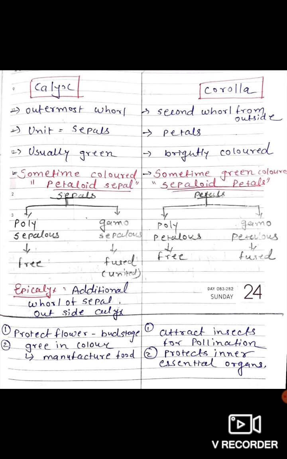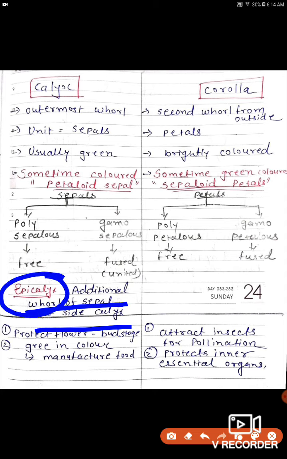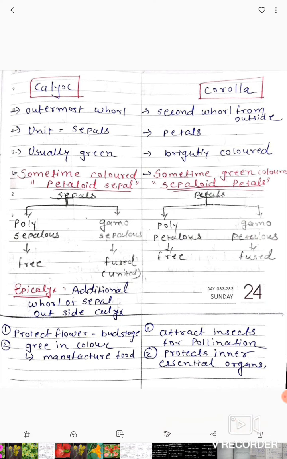Now, sometimes an additional whorl of sepals is present outside the calyx. Remember this word very well, which is called epicalyx. You have seen this epicalyx in shoe flower.